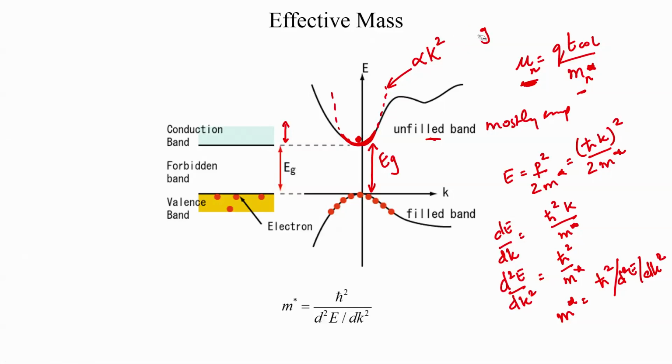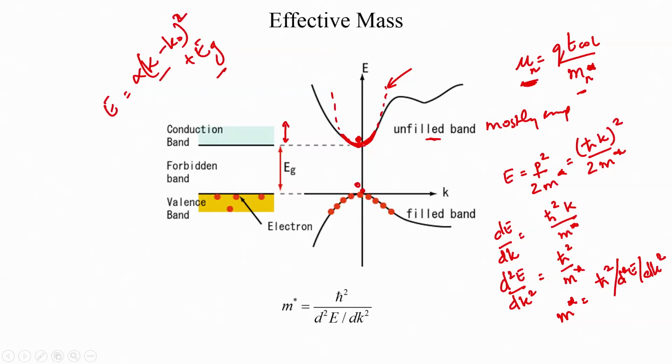So, it has an E-k relation that goes as alpha (k minus k naught) squared plus Eg in a very general manner. Once this fit is made, the term d squared E by dk squared is given by 2 times alpha, and therefore the effective mass can be said to be h bar squared by 2 times alpha.